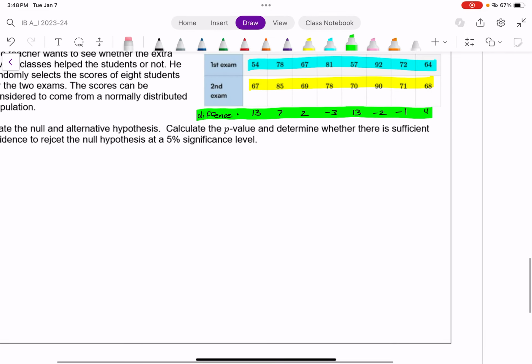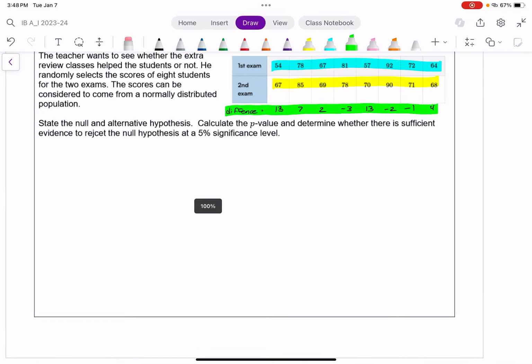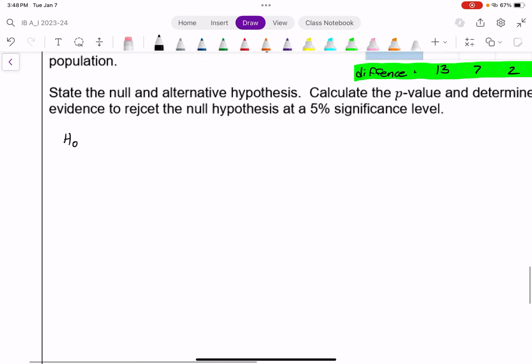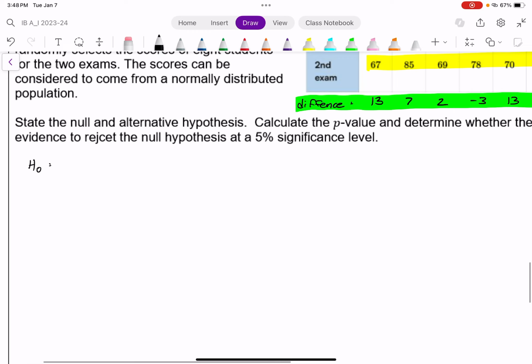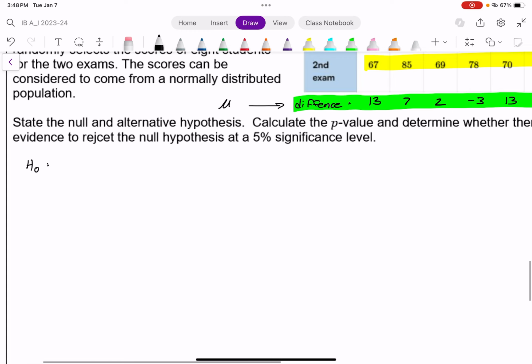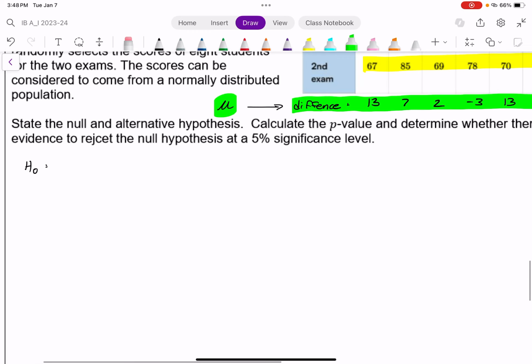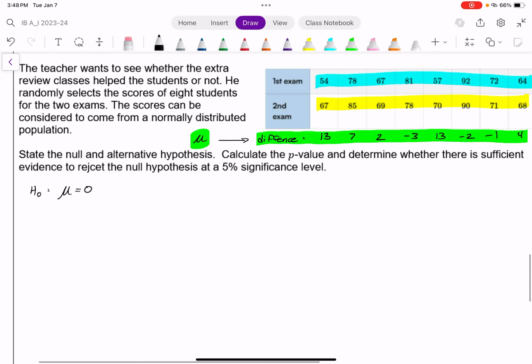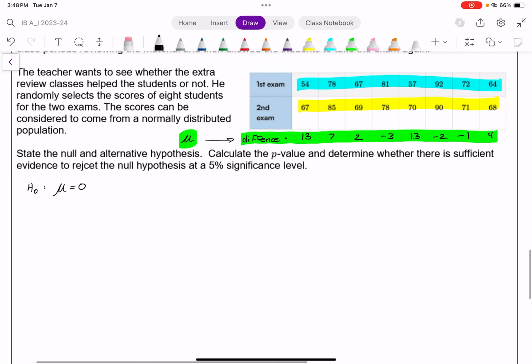All right, so I want to state the null and alternative hypotheses. As usual, our null hypothesis will be that the average difference will be 0. The null hypothesis is that it did not make a change, or not a statistically significant change. Keep in mind that mu there, that average, is the average of the difference.